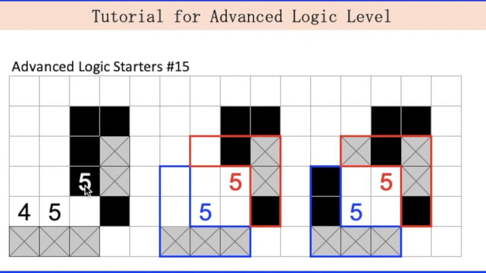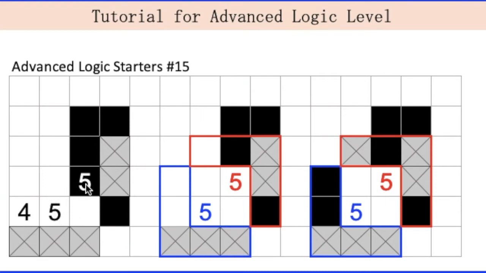If you look at the 5 on the right, I have 3 black spaces, and the 2 more spaces that are needed to complete this 5, do they need to be in the area overlapping between 5 and 5?